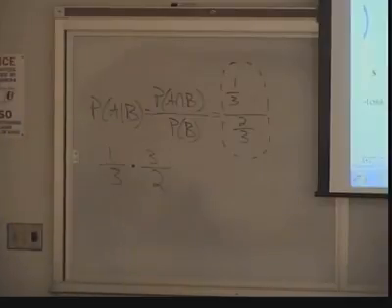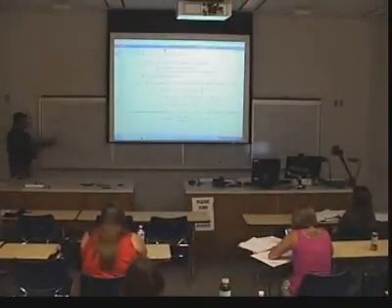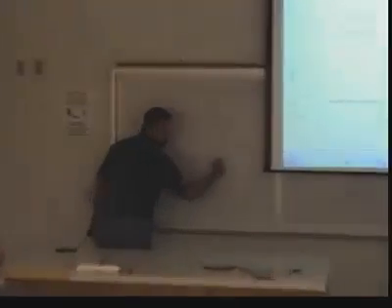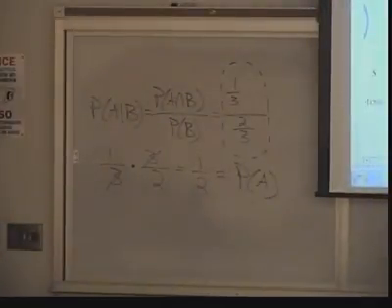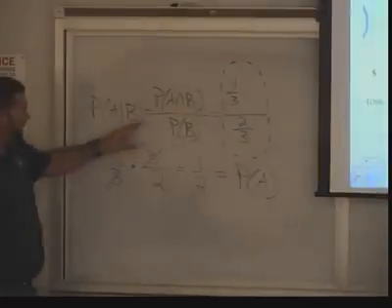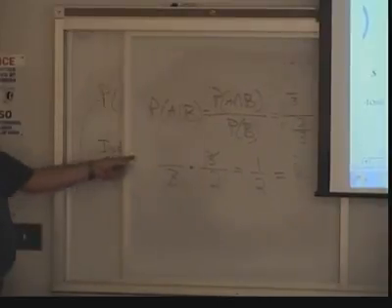So 1/3 divided by 2/3 is the same thing as 1/3 times 3/2. And notice 3 over 3 goes away, so our answer is 1/2, which is equal to the probability of A. Does everybody see that? Probability of A is 1/2. Isn't that how we test for independence? If the probability of A given B is equal to the probability of A, then they are independent.